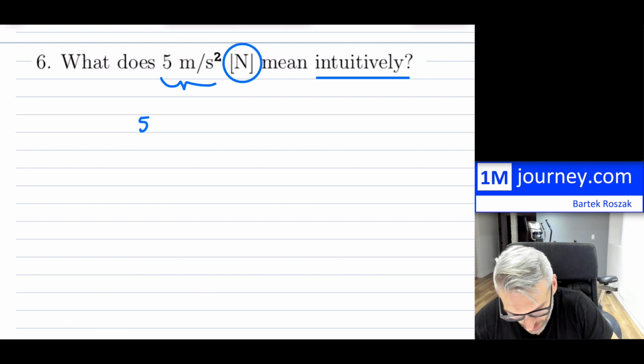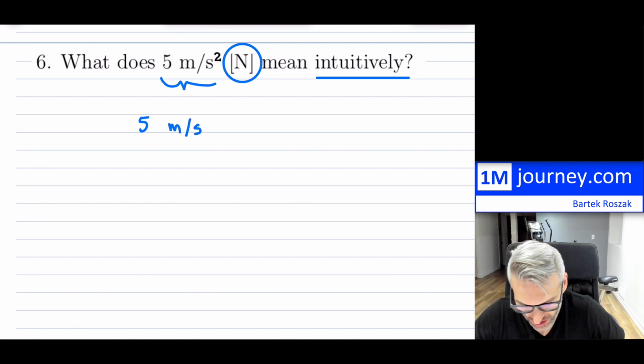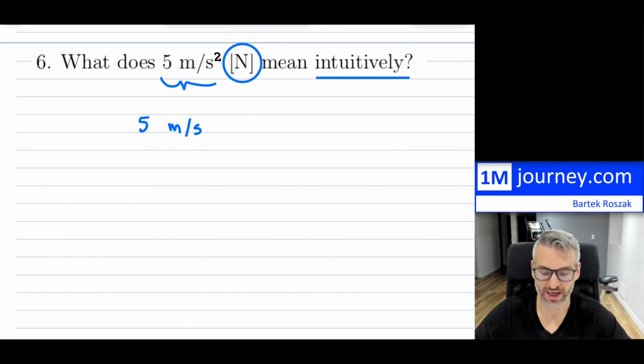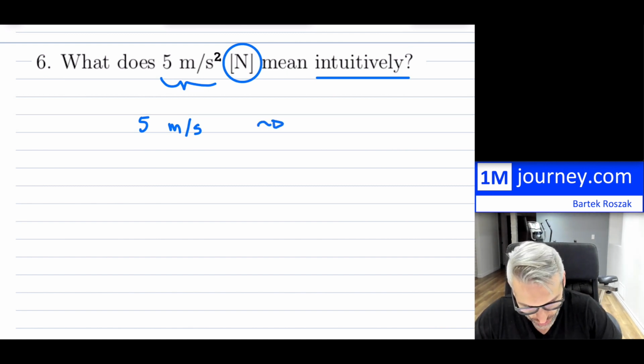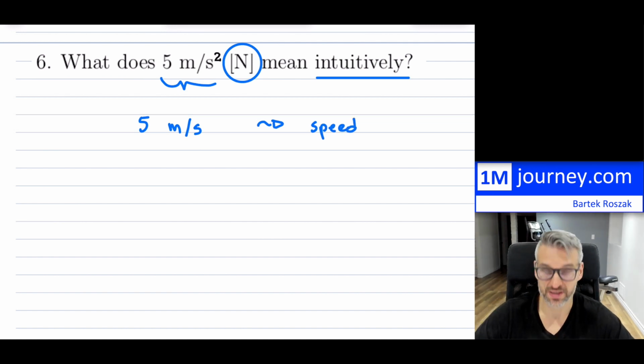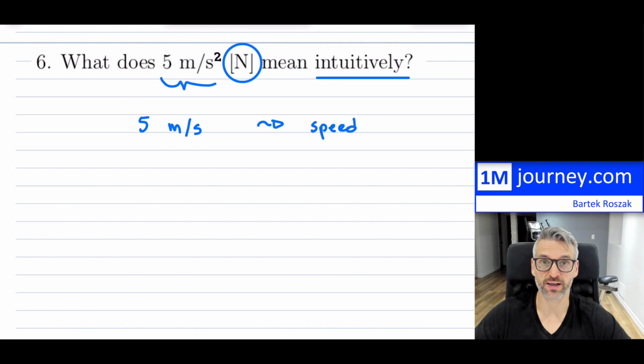If you simply wrote 5 meters per second, then you would get a sense that this is some kind of a speed. Because it's maybe north, you can say that it's a velocity as well. But with 5 meters per second, you would have an intuition, okay, I am moving at 5 meters every single second.